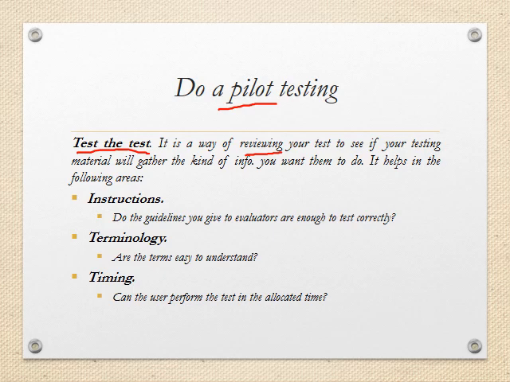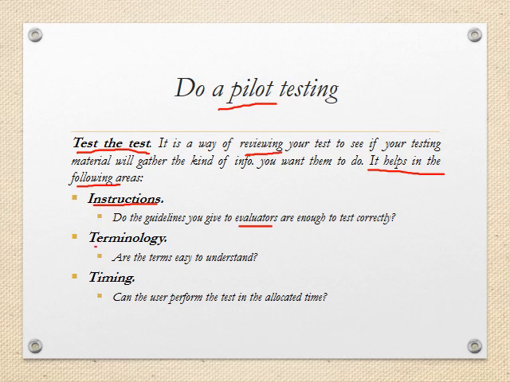This test helps us to improve the following areas. First, instructions. Do the guidelines you give to evaluators are enough to test correctly? So the first thing we focus on in the test, when we want to test it, is: are the instructions and guidelines that I put for the evaluator enough to be understood, enough to test correctly?